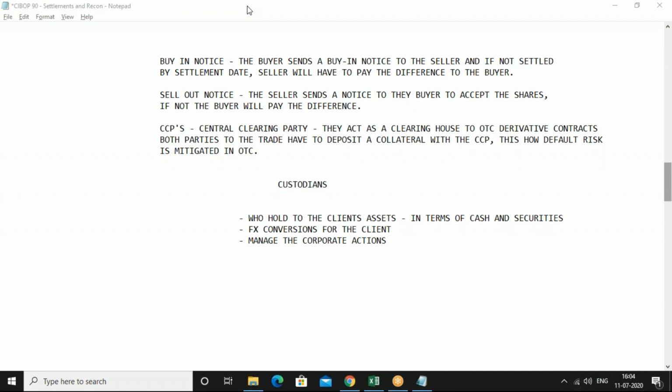So when you talk about reconciliation, it's broken up into internal recon and external recon. Now, internal recon, the first one we have is what we call trade reconciliation. Trade reconciliation is essentially that you reconcile the number of trades that have been done for the day. If, for example, in front office there are 100 trades, how many should there be in middle office and how many should there be in core operations?